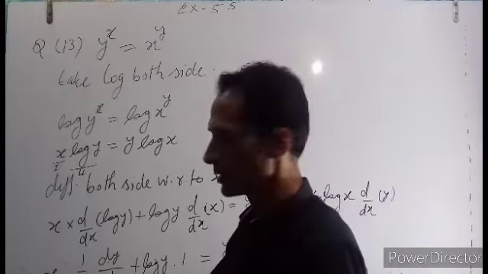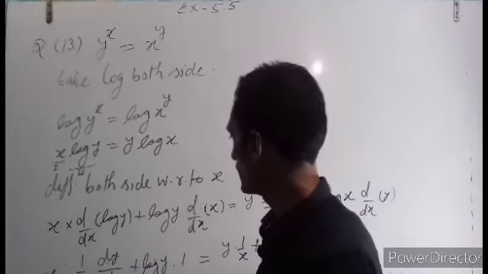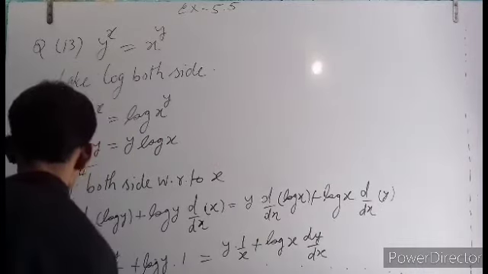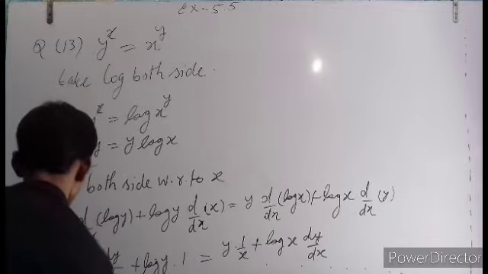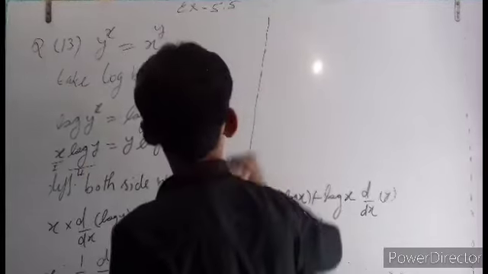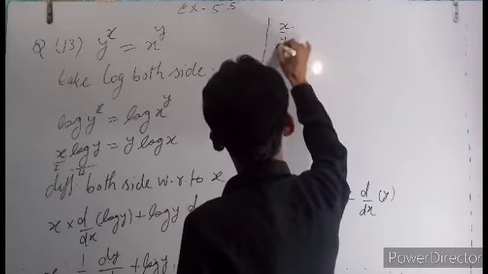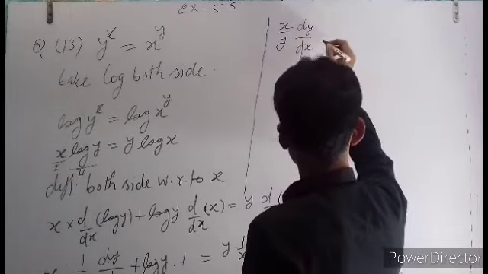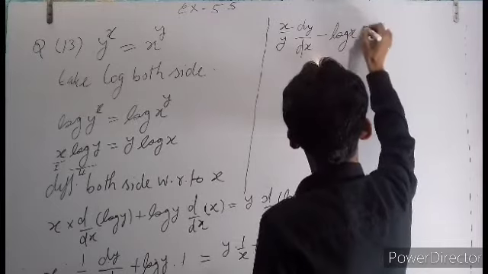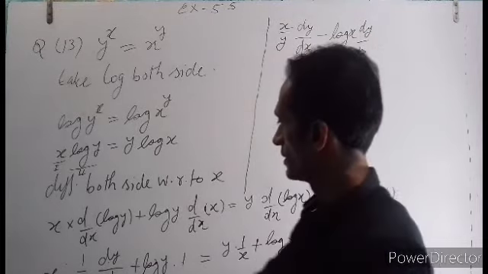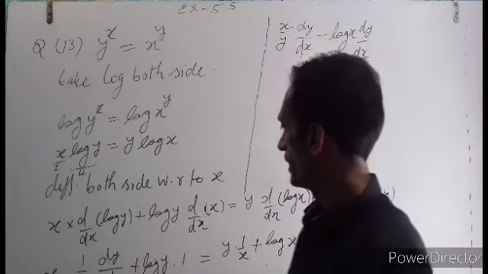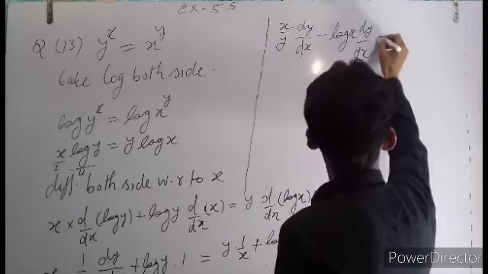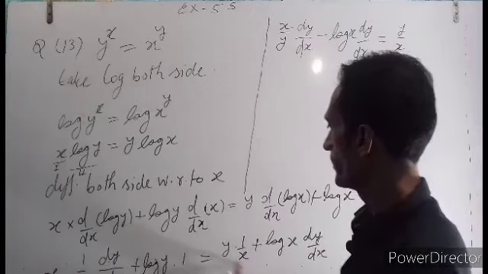Now simplify. The terms related to dy by dx we have to separate on the LHS, and the terms free from dy by dx we have to take on the RHS. You can see x upon y dy by dx minus log x dy by dx equals y upon x minus log y.